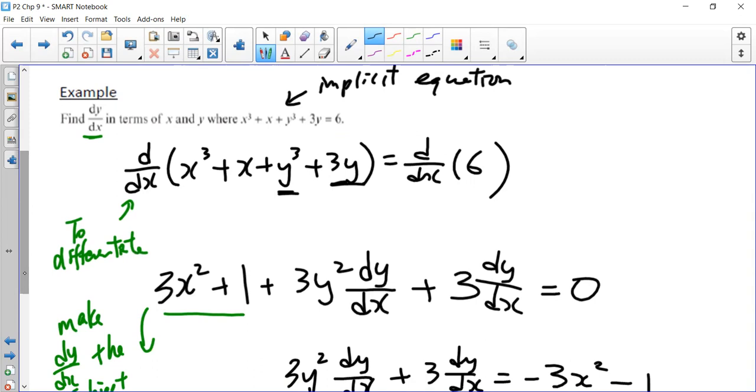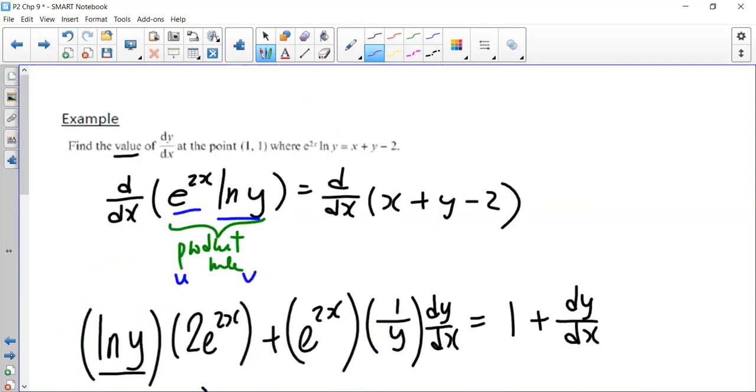But when you differentiate something with y, you differentiate, but don't forget to slap a dy by dx at the end for that term. For example, if you differentiate y cubed, it becomes 3y squared multiplied by dy by dx. Same for 3y: differentiating 3x is 3, but it's a y, so it's 3 dy by dx.